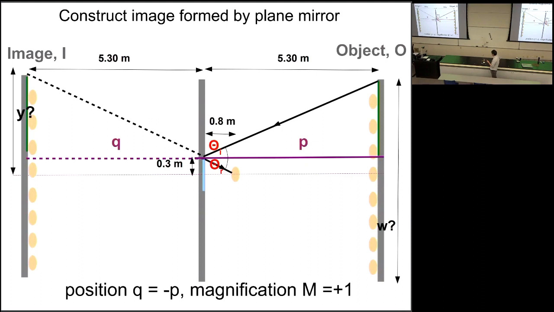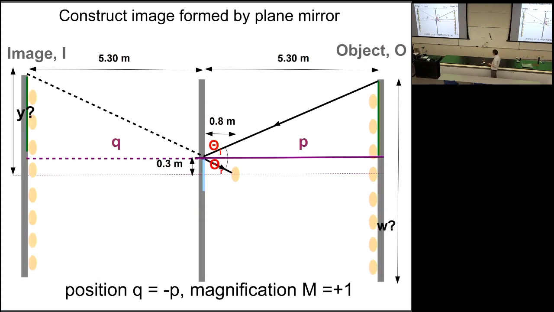I've drawn a couple of rays here. Again, the object is the choir over at the right-hand wall, and I'm trying to construct the image of the choir that's seen by the organist in the mirror. This is where the image is going to be located. We'll see.